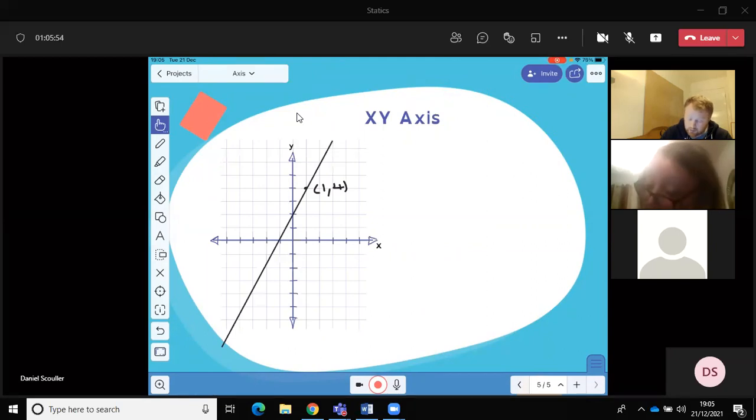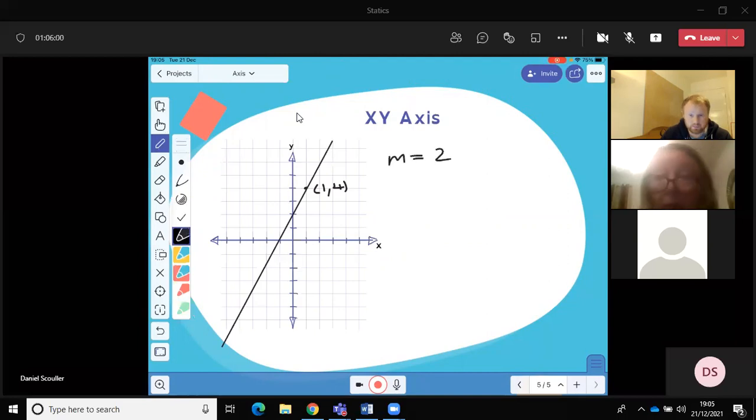So the information we're given: the gradient is 2, and it passes through the coordinate or position 1, 4.